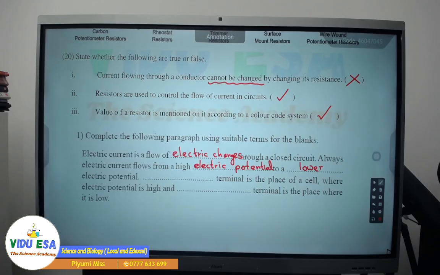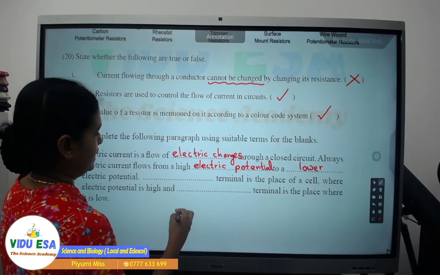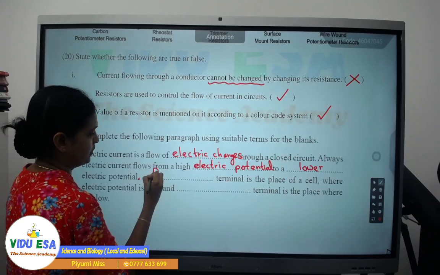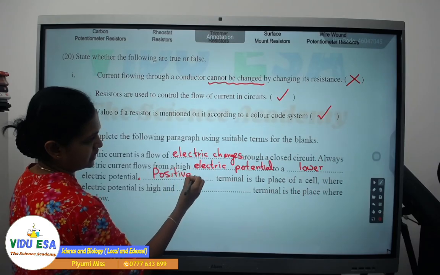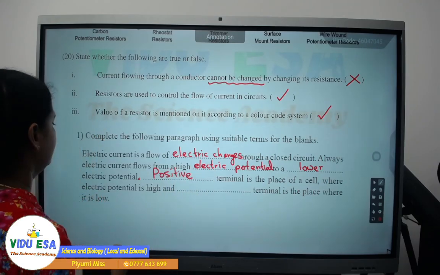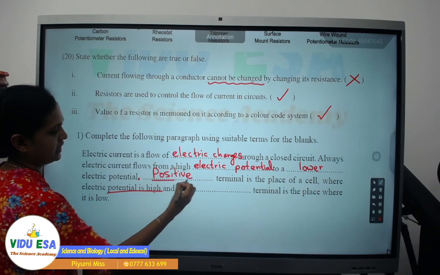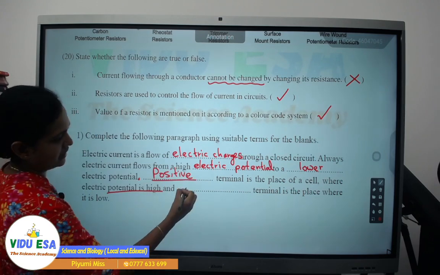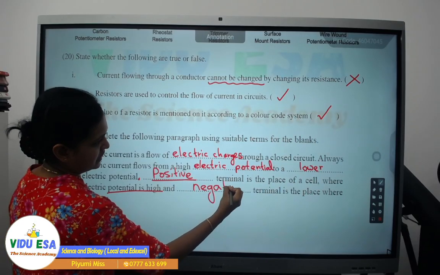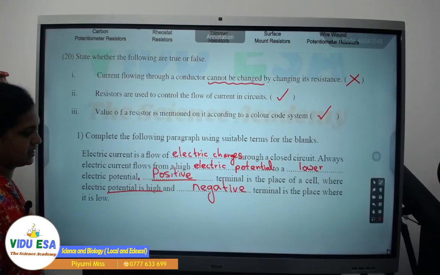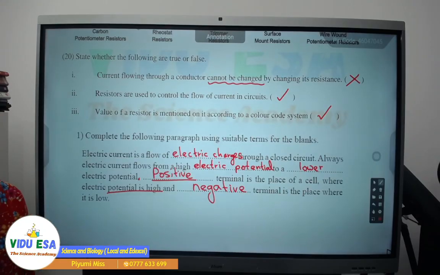Positive terminal. Positive terminal is the place of a cell where electric potential is high, right? And negative terminal is the place where the potential is low.